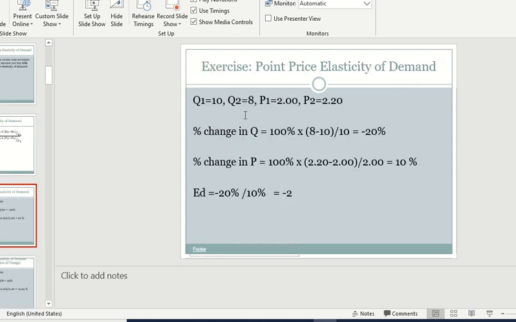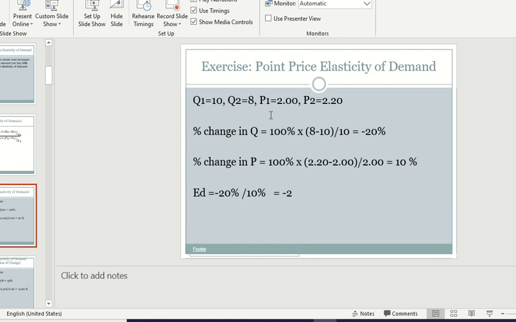Okay, let's take a look at it. Because we're just beginning to cover these concepts, I like to lay out all the information that is given, so it's easier to set up the question. The initial quantity is 10 cones. The new quantity is 8 cones.